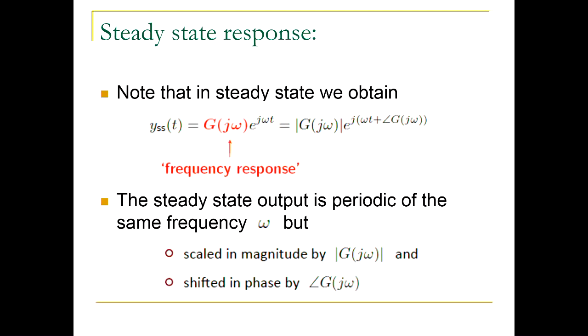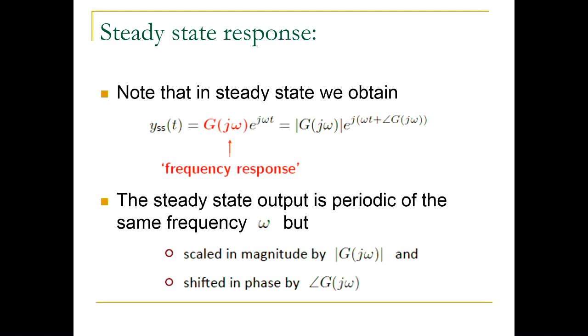Omega t, where omega is the frequency of the input signal. So how do I calculate the gain and phase now? Well, you tell me which input frequency you have. I plug J times the omega of the input signal into the transfer function G, with omega equal to 10, for instance. So you substitute J10.